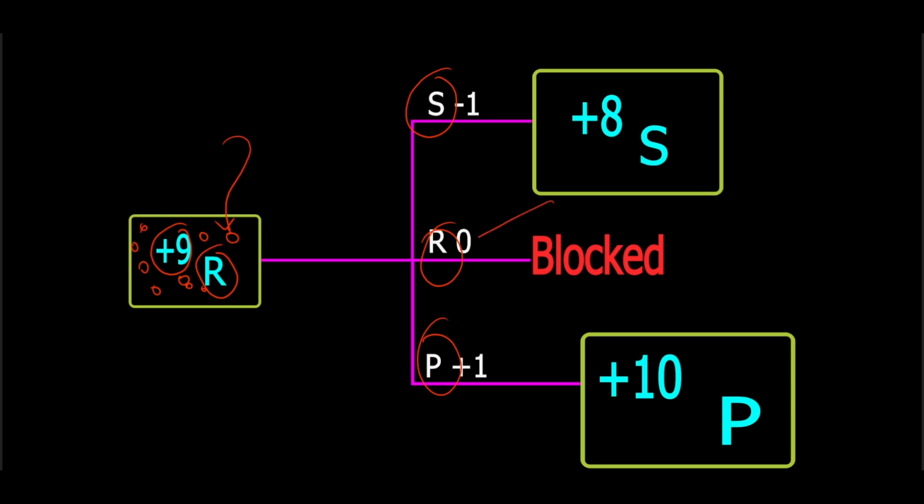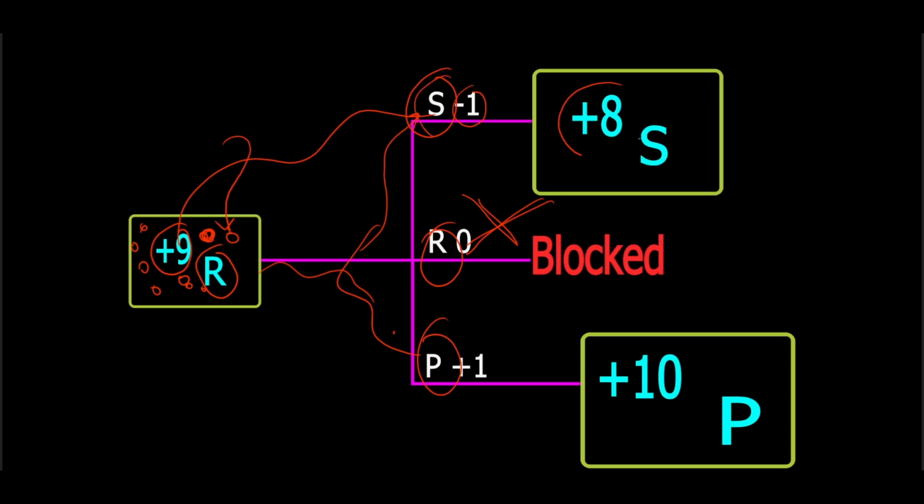Therefore we can simply block this move for this entire equivalence class, but for this and this move all the ellipses behave identically. So all the ellipses in this equivalence class will now move on to the equivalence class of 8, because all their scores would decrease by 1, but we were also tracking the last move for that ellipse, and all the ellipses will have scissors as their last move.